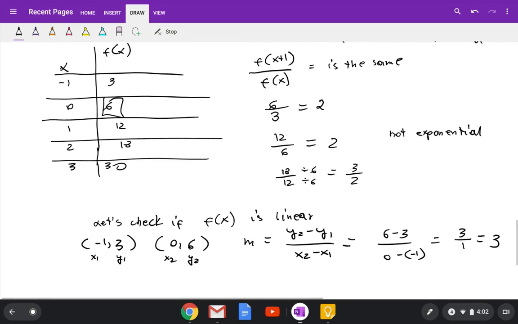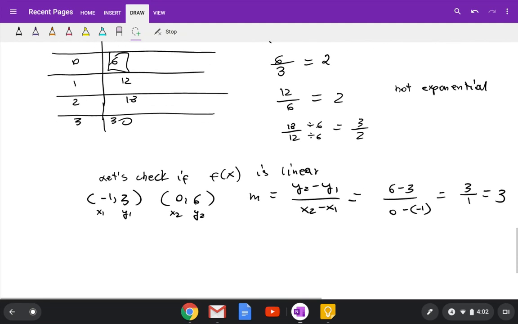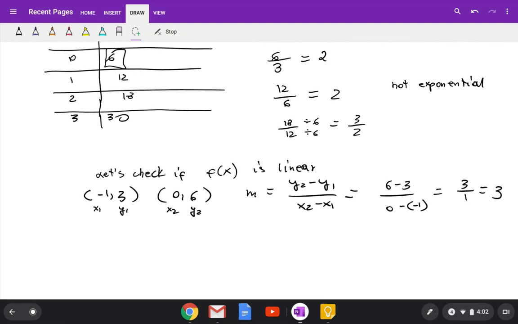Next, I'm going to find the slope between these two points, 0, 6 and 1, 12. This is my x1, y1, x2, y2. Using the slope formula, y2 minus y1, we have 12 minus 6 over x2 minus x1, which is 1 minus 0.